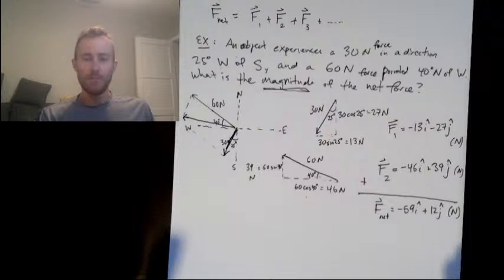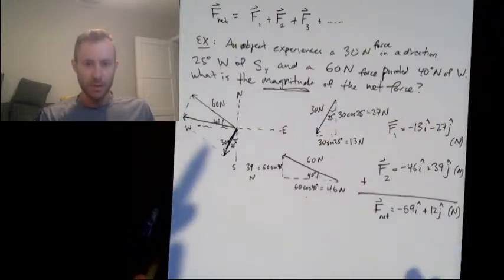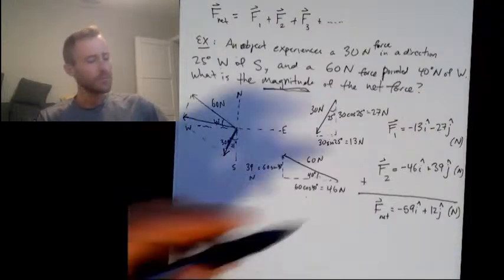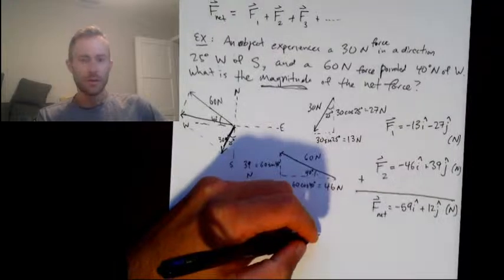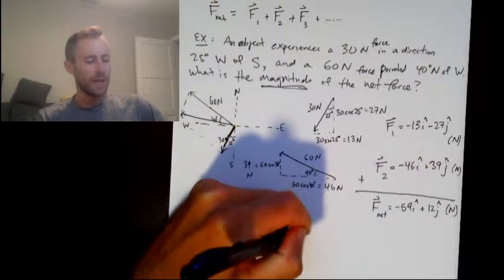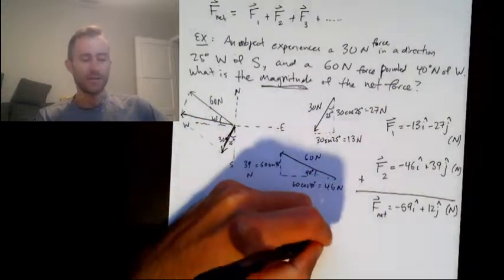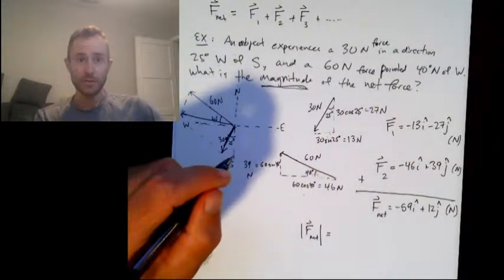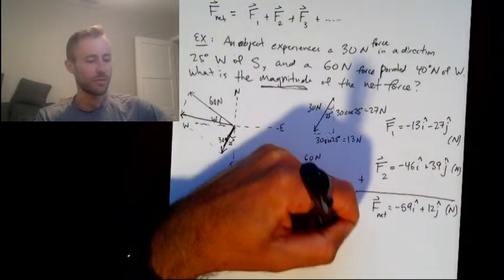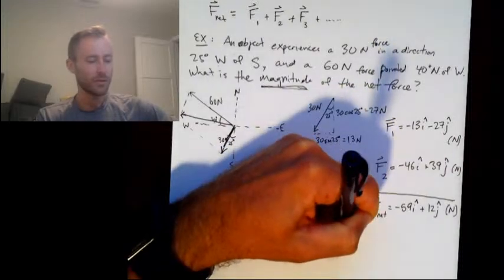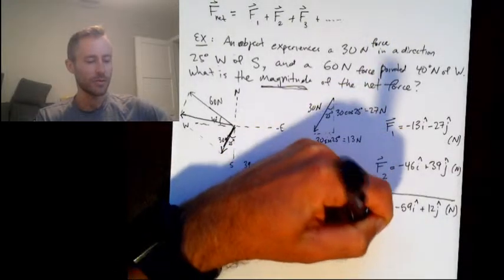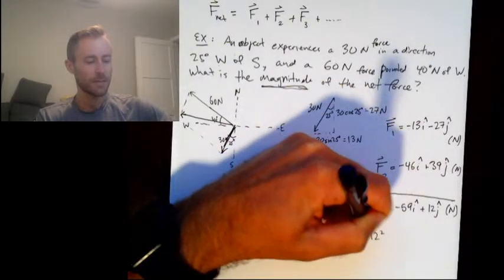So now if we want the magnitude of the net force, we would do the magnitude. And magnitude means do the Pythagorean theorem on the resulting vector. So I'm going to do the Pythagorean theorem. Square root of 59 squared plus 12 squared.